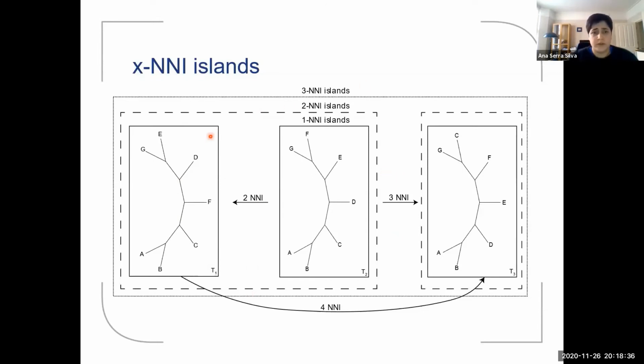So in this example, you can see that these trees are in singleton 1 NNI islands, but as we increase the threshold, we get smaller and smaller numbers of islands. And also, if we were to get rid of this tree in the middle, we would still be able to put tree 1 and 3 in the same island if we increase the threshold to 4.